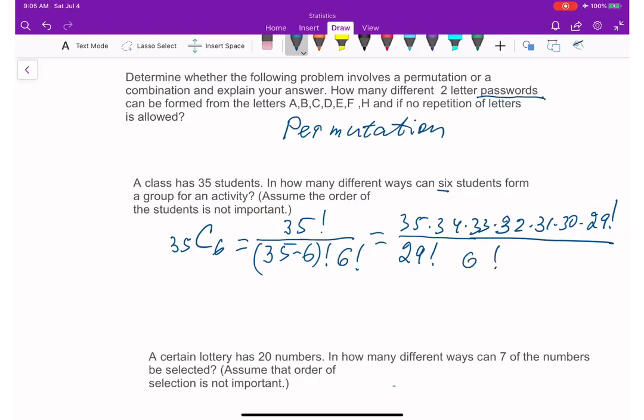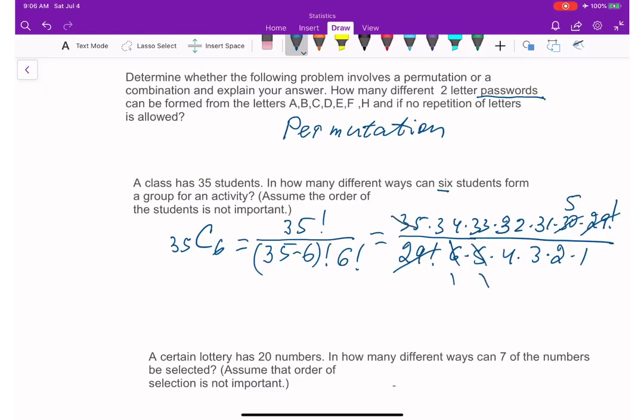Okay, hold on, 6 I will open. It's gonna be 6 times 5 times 4 times 3 times 2 times 1. So 29 is gone with 29. Next, what do we have? 6 I can cancel with 30, 6 will be gone. 30 divided by 6 is 5. 5 I can cancel with 35.